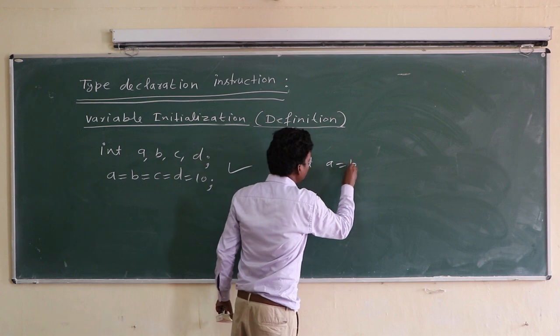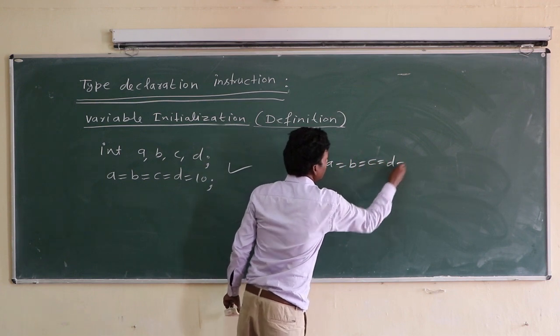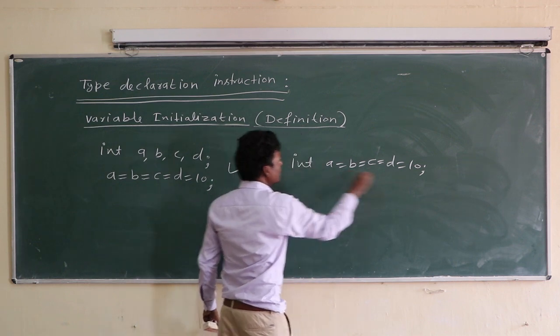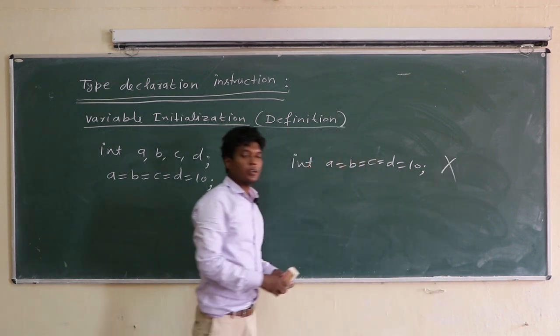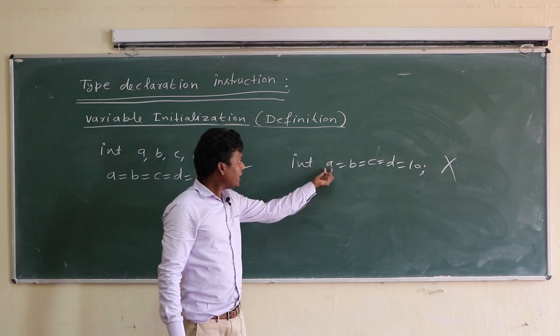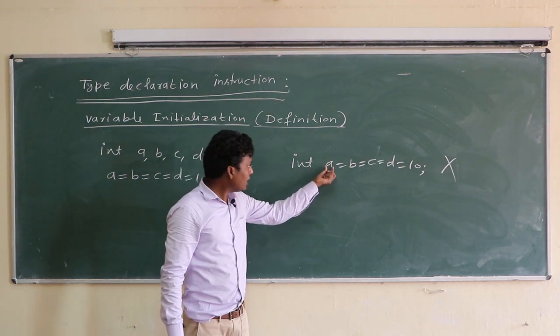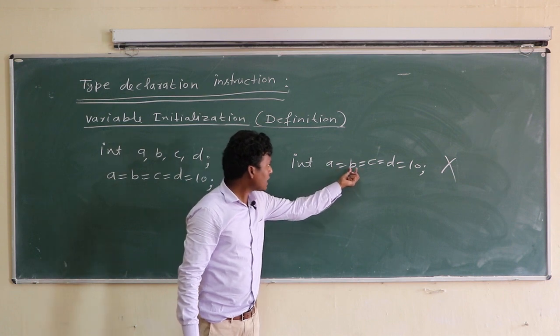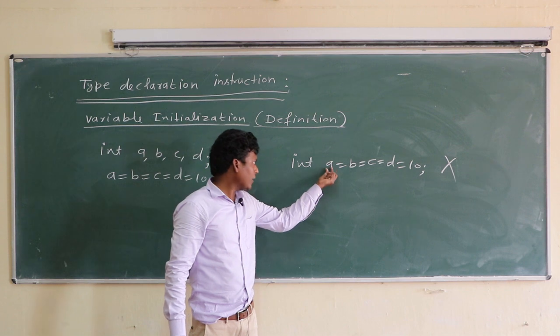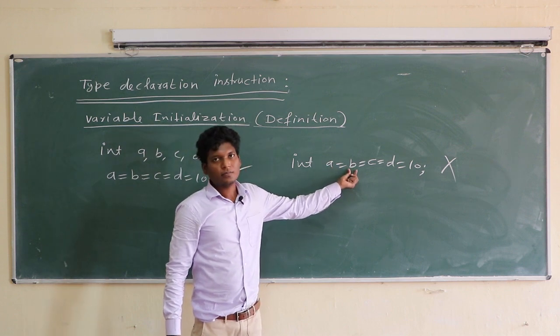int a = b = c = d = 10 is wrong. This one is wrong because you declare A and you assign the value of B to A, and B is not declared.